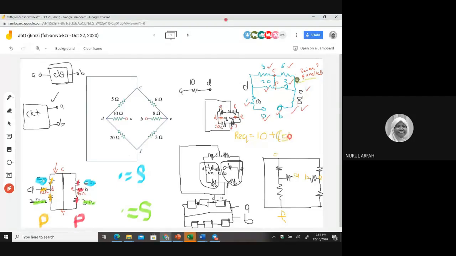Okay, this parallel. Yeah, since this one is connected end to end, this end to this end. Yeah, this and these are in parallel, but not parallel with this 8. 8 is wrong. And 5 here with 20, yes, they are in parallel because this end connected to this end. But this part not parallel with these two.